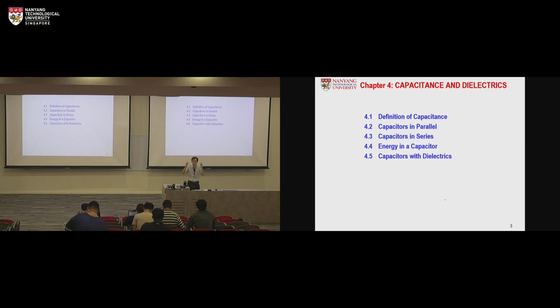You must have something to store the charge. Then this charge can give you this E, V, U, or this kind of parameter, right? And this is exactly the function of a capacitor, which basically is a device to store electrical charge.